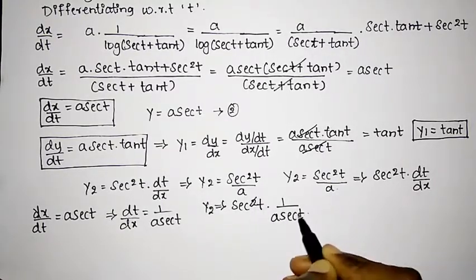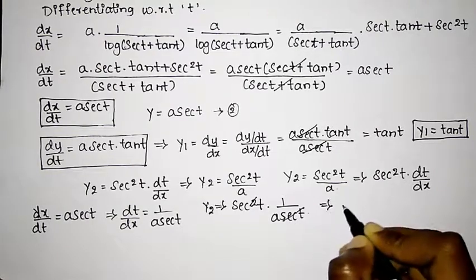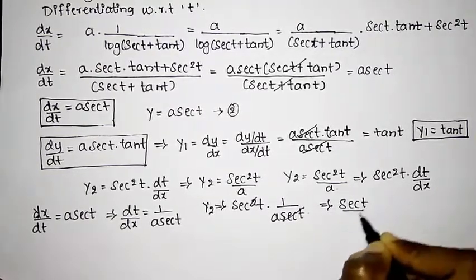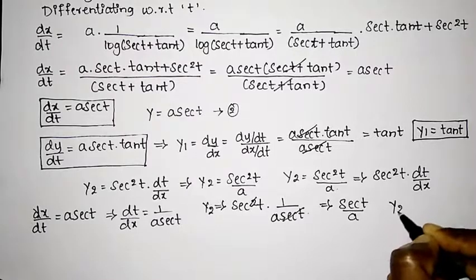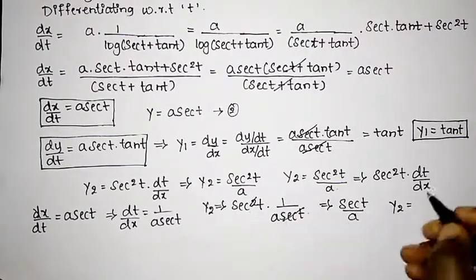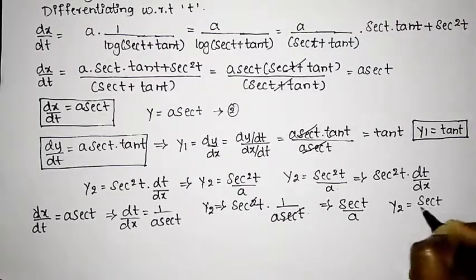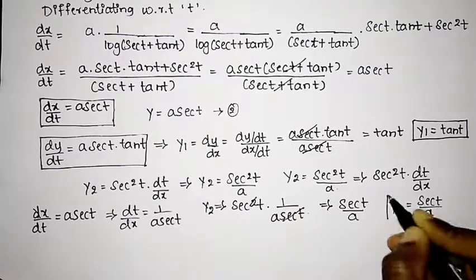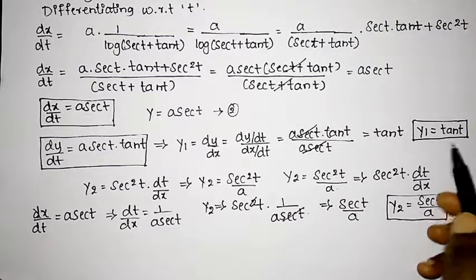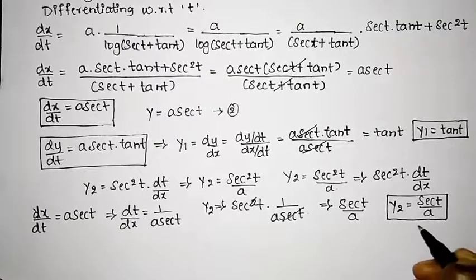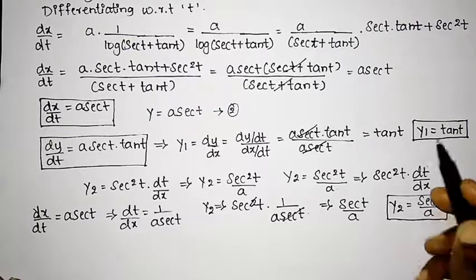So 1 sec and 1 sec will cancel, and the remaining will be sec t divided by a. So we have also obtained y2: y2 is nothing but sec t divided by a. So we have obtained y1 and y2: y1 is nothing but tan t and y2 is nothing but sec t divided by a.